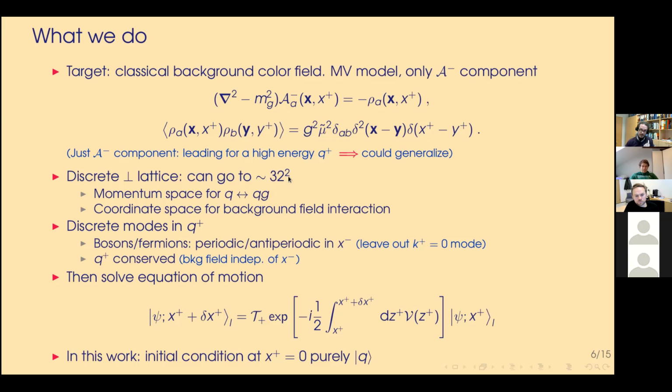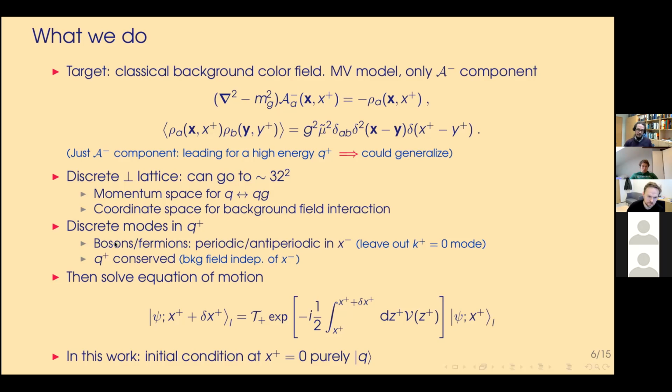Therefore, the color current of high energy particles only couples to one component of the color field, which is the minus component. So we're only taking the component that is most strongly coupled to a high energy colored object. Okay, so some kind of a high energy approximation here.